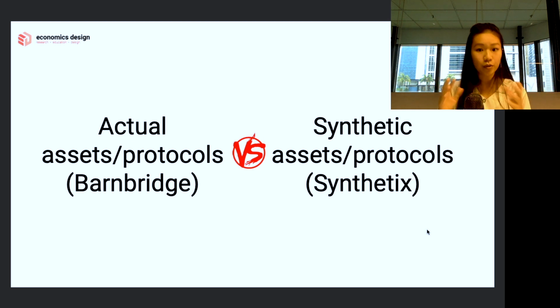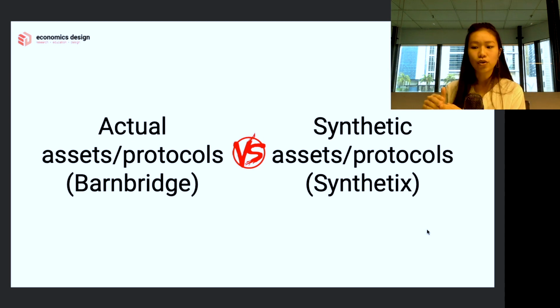You're creating a product with synthetic DeFi assets, and you can find it on Synthetix, and you can be structuring your different products if you want to structure them, or you can just trade on specific individual products. With BarnBridge, when the money or the capital is in the bond, then the money in the bond will actually be allocated to these actual assets and protocols. So that's a slight difference.